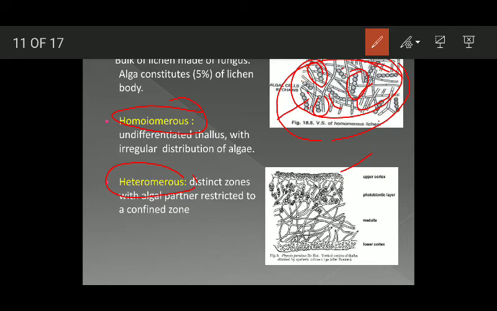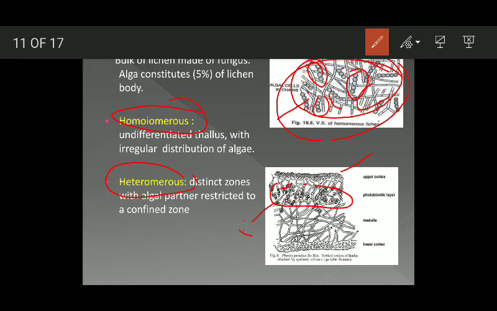The second one is heteromerous. In heteromerous type of structure, you can find distinct zones where the algal partner is restricted to a confined zone. Here you can see this is the heteromerous structure. The algal partner, or you can say photobiotic layer, is confined to a restricted zone.